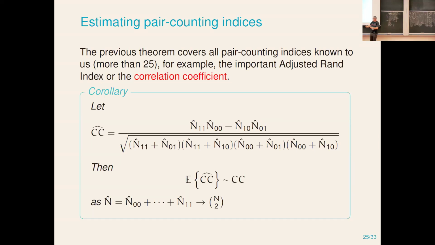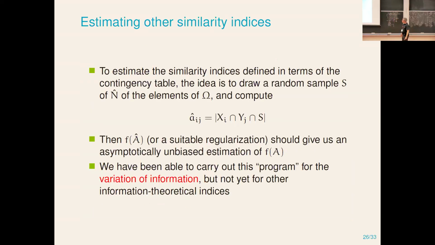Then if I have a sample for which this condition holds, I can define the correlation coefficient or the adjusted Rand index or whatever, and I estimate the similarity for the sample, and it's an unbiased estimator of the real similarity. I have to rush a bit. The idea is the same with other similarity indices.